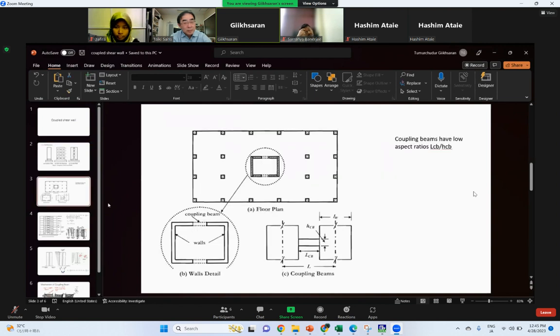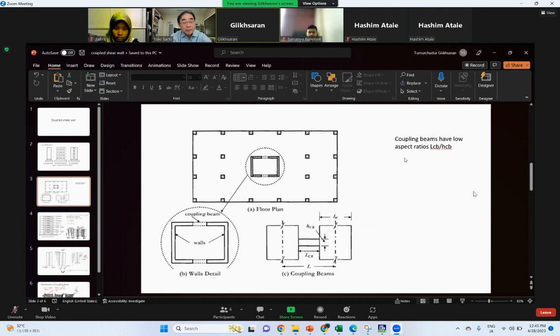About the floor plan of coupled walls, it typically occurs in a configuration where two symmetrically opposed shear walls are around centralized facilities such as elevators, stairs, and toilets, and are linked at the floor level by beams.